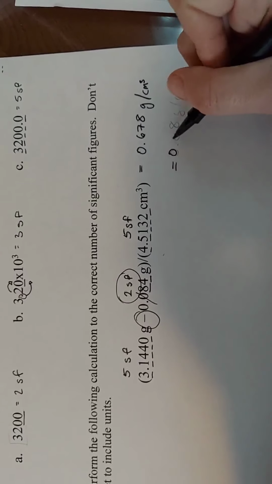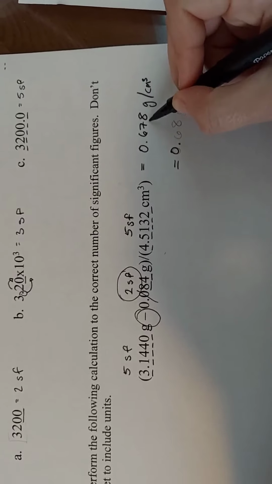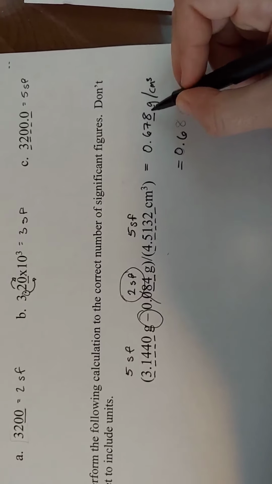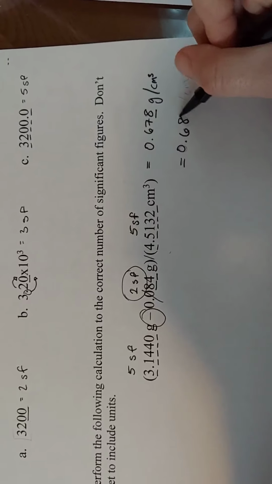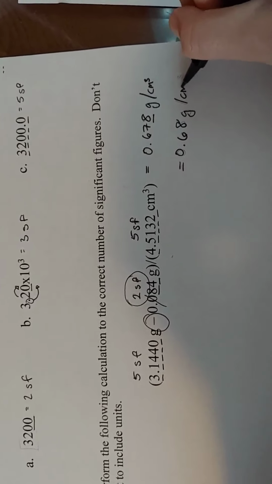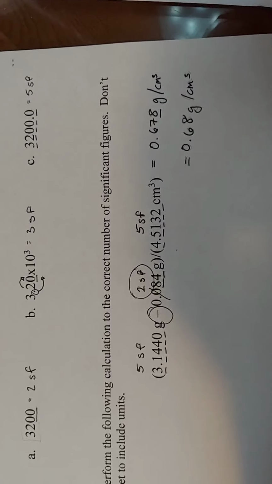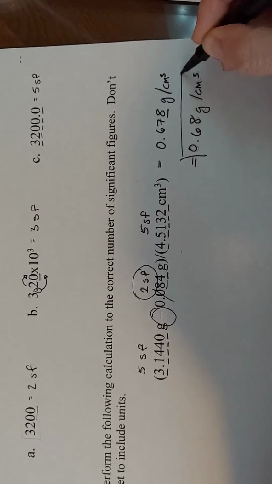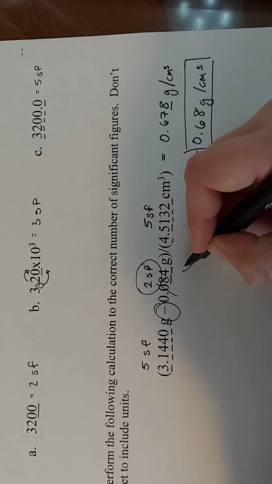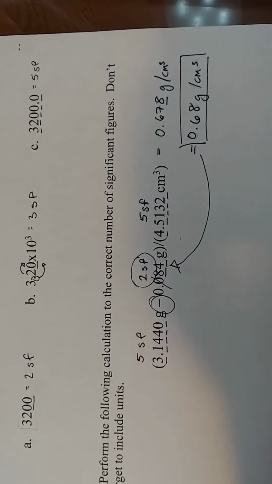So if I'm only doing 2 significant figures, I take this and round, since it's an 8, I round the 7 up, and so I get 0.68 grams over centimeters cubed for that one. So this is the final answer with significant figures.